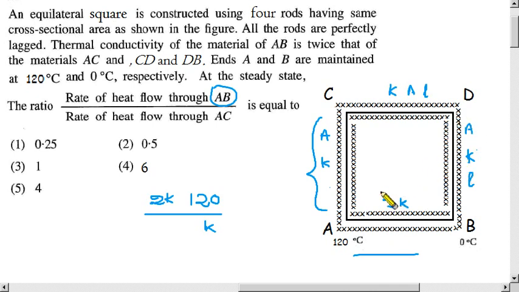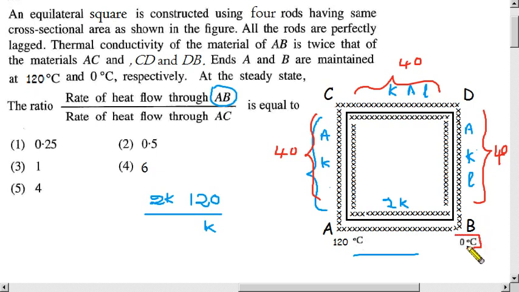That means 120 divided by 3. What is the value? 40. So the temperature difference here is 40. Here another 40. Here another 40. So altogether 120, okay. 40, 40, 40.